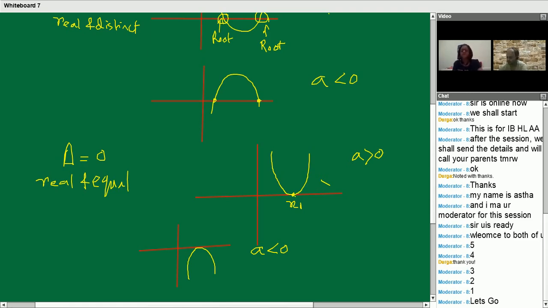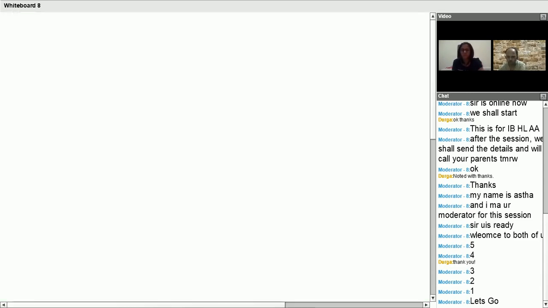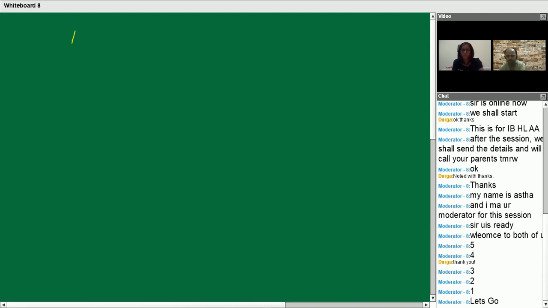Now question is, what do you think? How can we draw when the discriminant is less than 0? It just doesn't ever touch the x-axis. True.